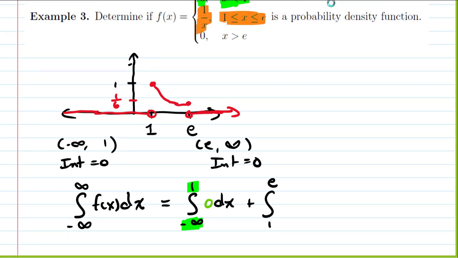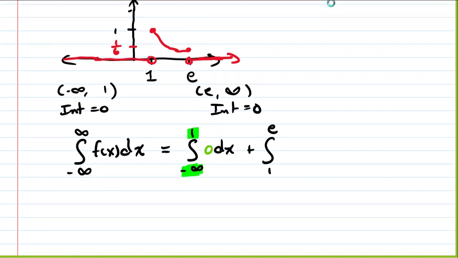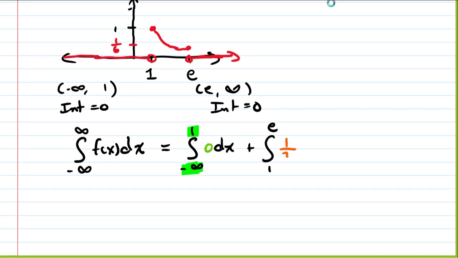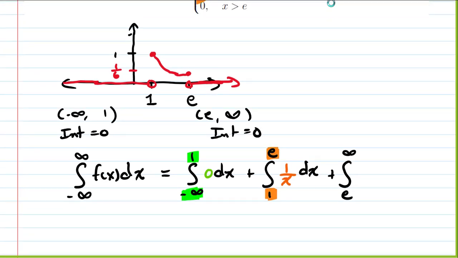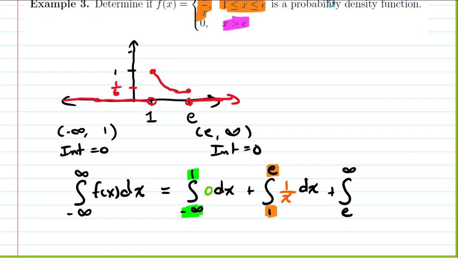We would get the integral of 1 over x dx, and then on the interval after that, we would have e to positive infinity. So that would be this piece, and we would end up with, once again, 0 dx.